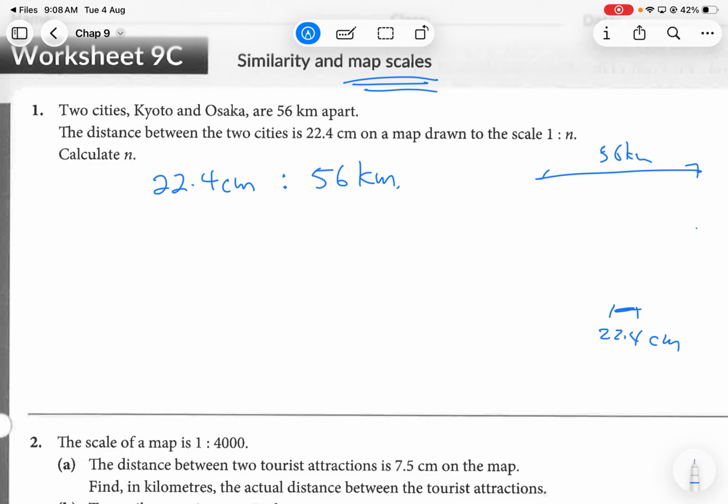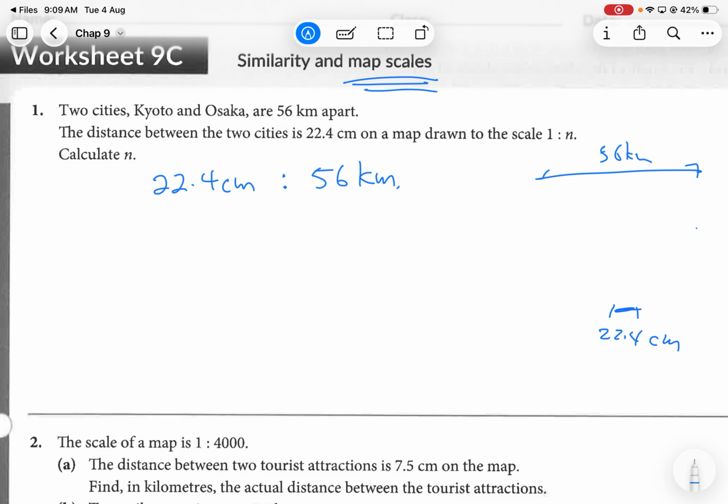This is another way to write the scale factor. 22.4 corresponds to 56 kilometers. So, I want to express this as a ratio. Number 1, a ratio has no units. How can I cancel away the unit? I need to make the unit the same first.